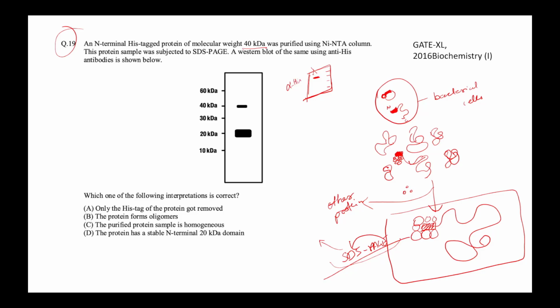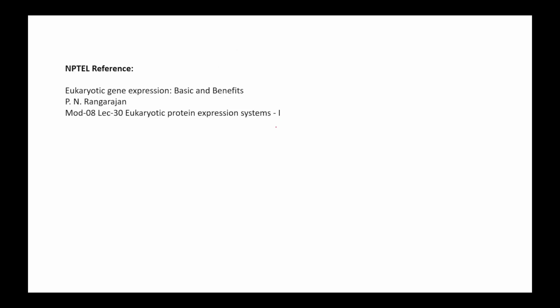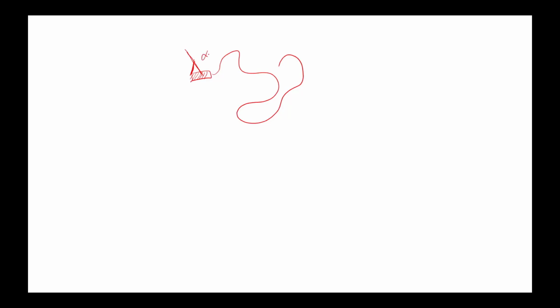This is the histidine tag and this is the protein. This antibody will bind to this histidine tag, and it is the anti-His primary antibody. Another antibody used is the secondary antibody, which recognizes the primary antibody, and it is usually conjugated with the enzyme HRP, horseradish peroxidase.